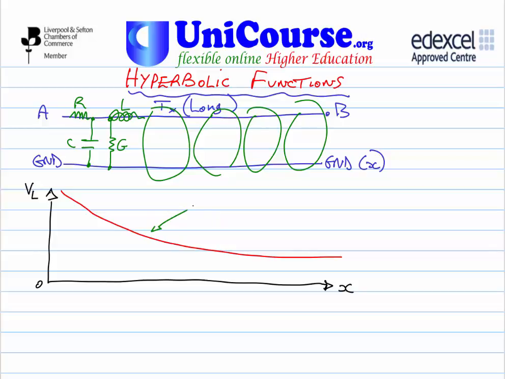Well, it's the voltage along the length of the line, and it's cosh shaped. Okay, and this cosh means a hyperbolic cosine.